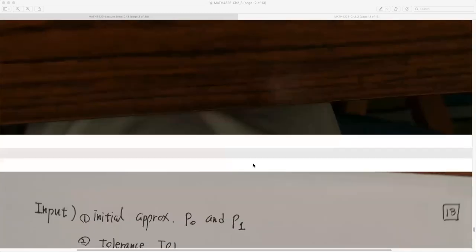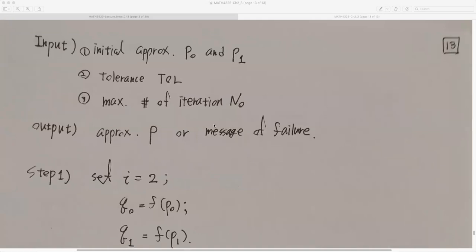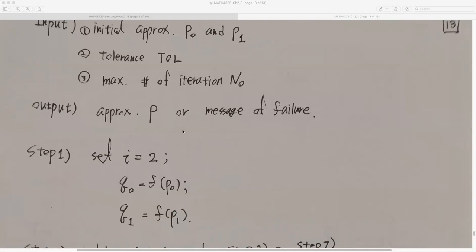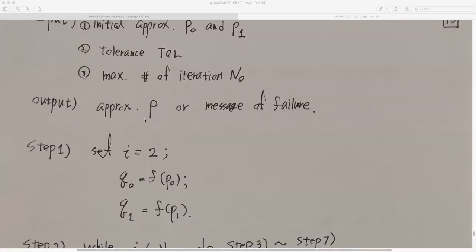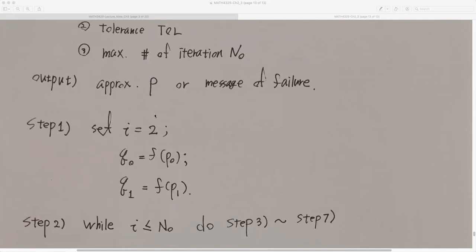The input is P0, P1, tolerance and the maximum number of iterations, and the output must be P or a message of failure. But I suggest your code return not just a final approximation, but a sequence of the solutions.